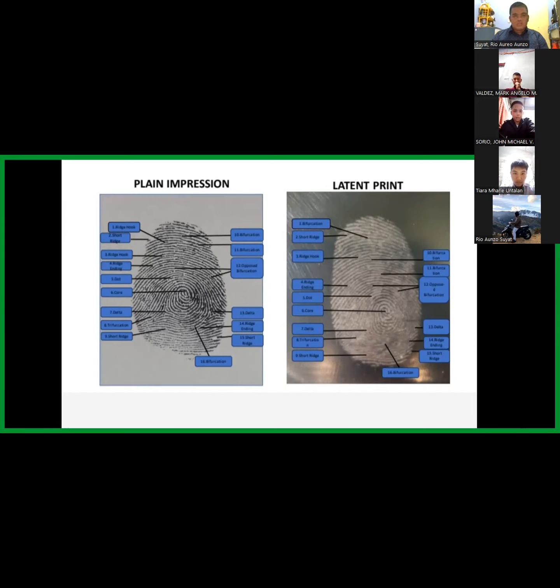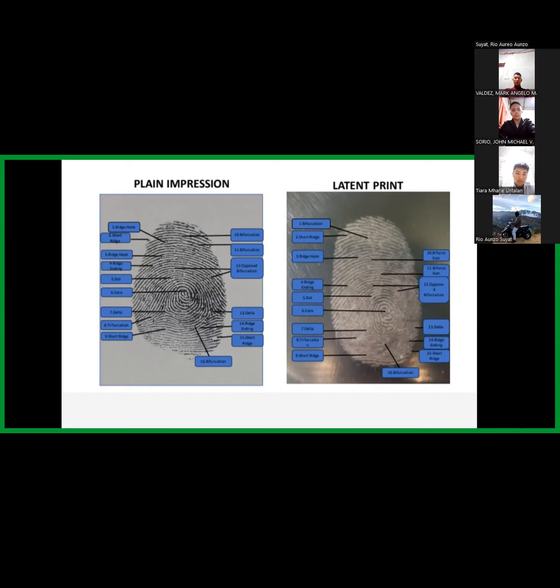Question number 4. What is the value of minutiae in fingerprint identification? They are of significant value because they provide unique distinct features that can be used to compare and match fingerprints accurately. Question number 5. How many layers of skin are there? The human skin consists of three primary layers: the epidermis, dermis, and hypodermis.